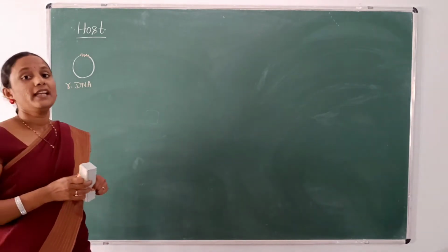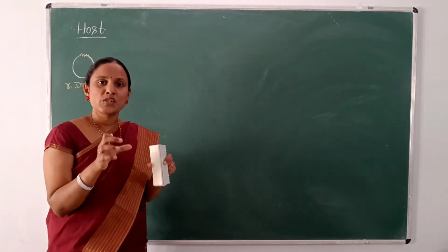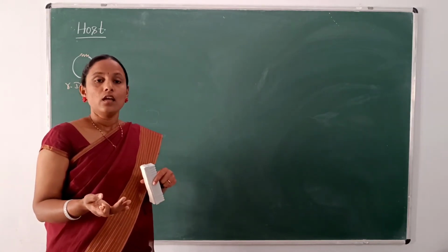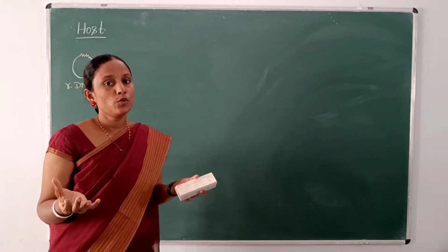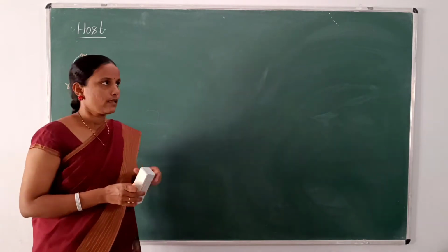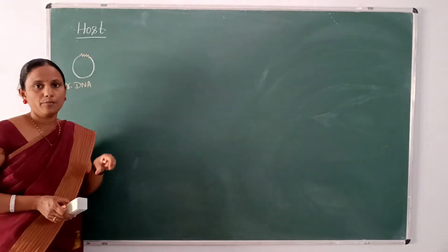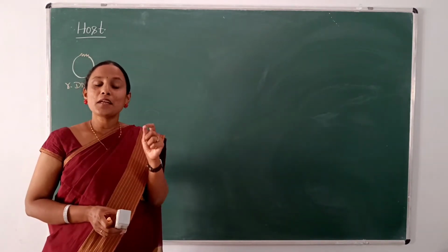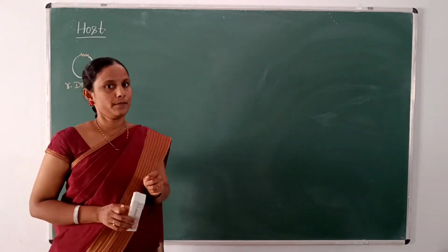And this recombinant DNA should be expressed, that means it has to multiply and it has to produce the product. This gene product should be produced, and for that production it requires some host.